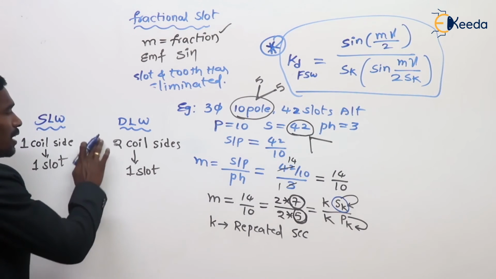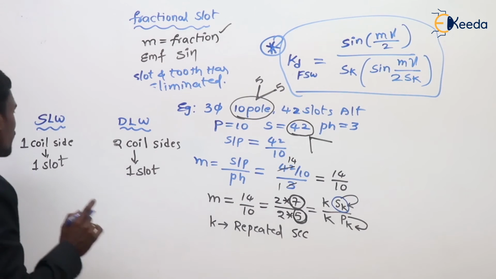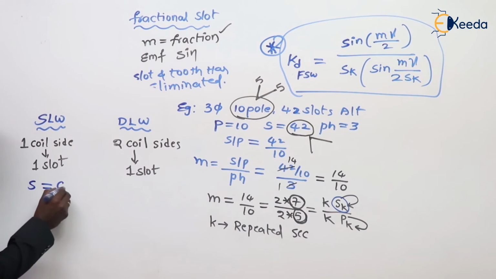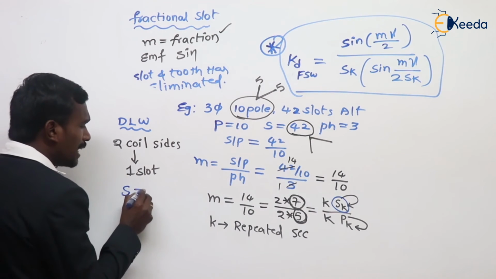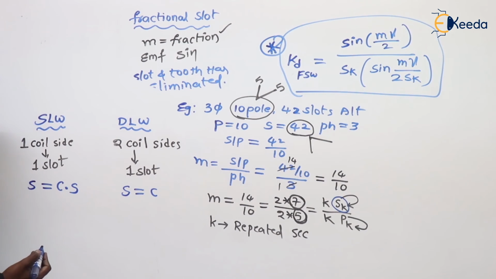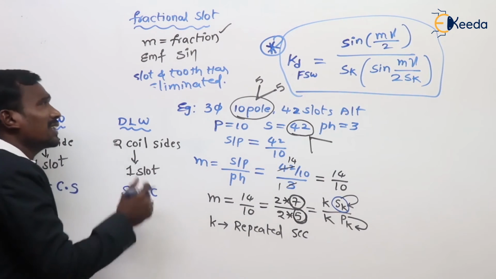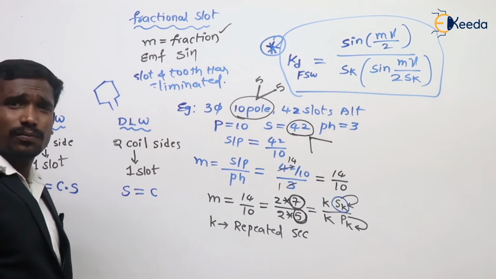In single layer winding, the number of slots is equal to the number of coil sides. But in double layer winding, the number of slots is equal to the number of coils. For example, two coil sides are nothing but every coil having two sides; two coil sides is one coil.